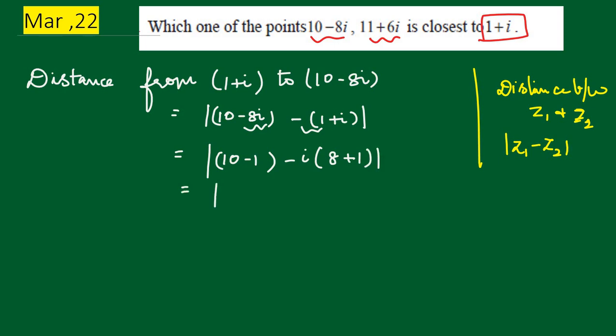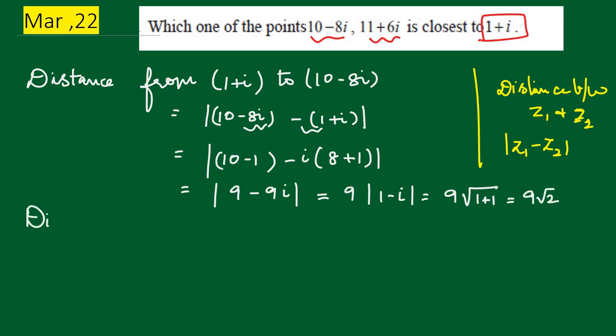Now this is equal to mod of 9 minus 9i, since 10 minus 1 is 9 and 8 plus 1 is 9, which is equal to 9 times mod of 1 minus i, which is equal to 9 times root of 1 squared plus (minus 1) whole squared, which is 9 root 2.